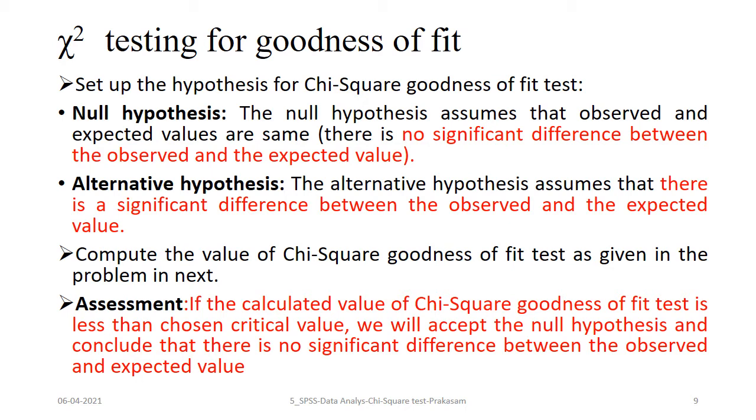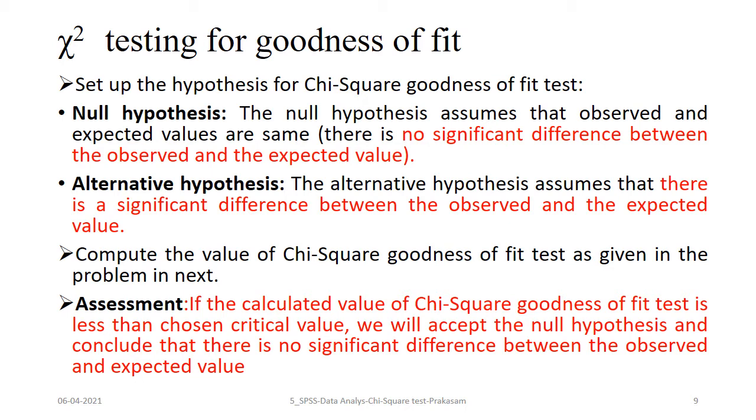Here also we set up the hypotheses for chi-square goodness of fit. The null hypothesis assumes that the observed and expected values are the same; there is no significant difference between observed and expected values. For that we set up an alternative hypothesis that there is a significant difference between observed and expected values.